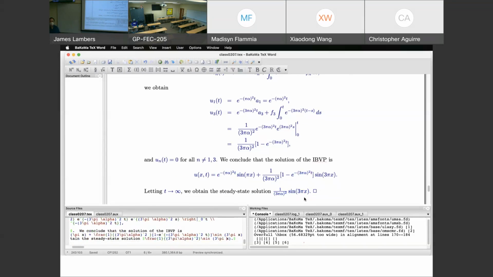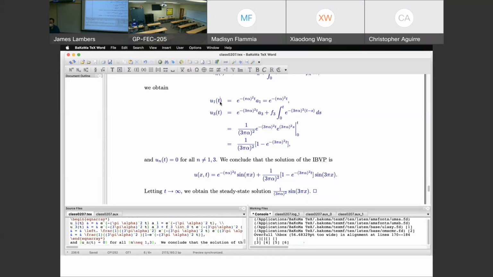Further questions? What it boils down to is being able to solve the spatial part of the homogeneous PDE that you're given, and then how to express the initial data and source term as a combination of those solutions, which are the eigenfunctions.